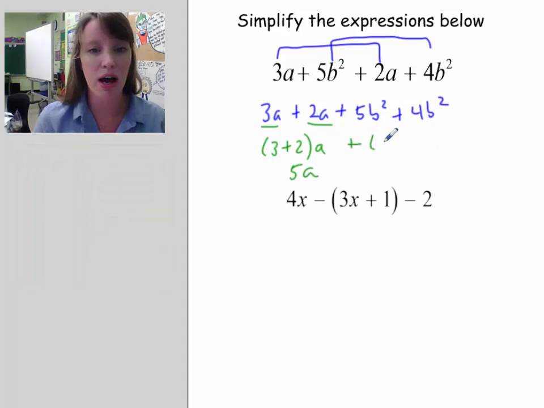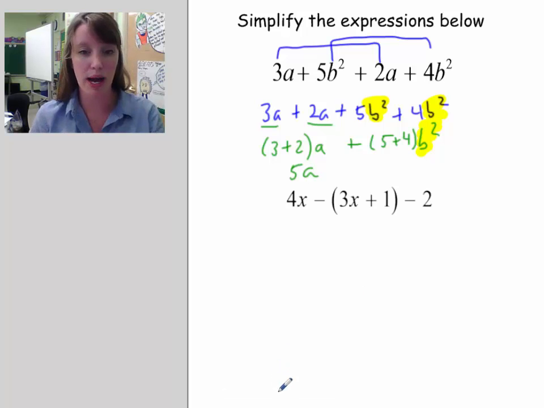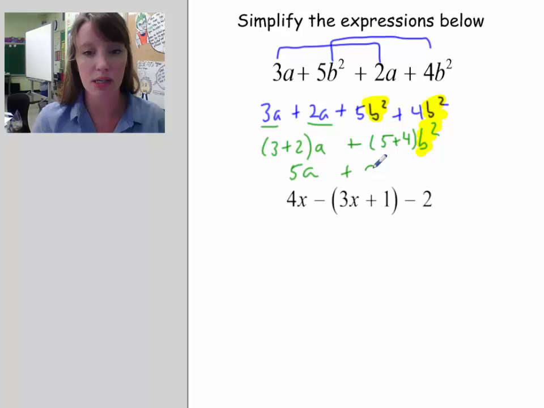Same here, I have 5 plus 4 b squared. So it's sort of like a reverse distribution. We're going to end up later in the year calling this factoring. So I'm factoring out the b squared. Instead of distributing the b squared into the sum of 4 and 5, I am pulling the b squared out. So here I'd have plus 9b squared.